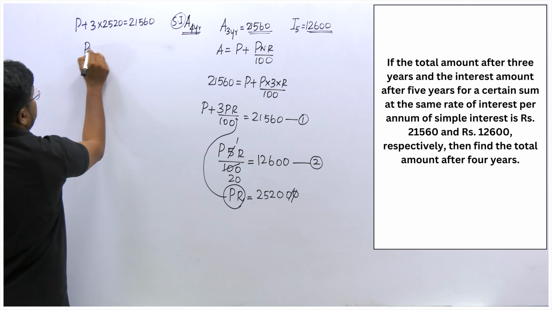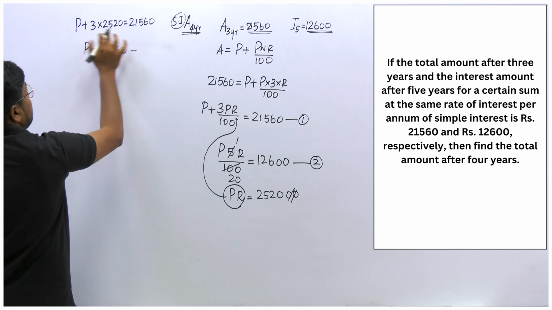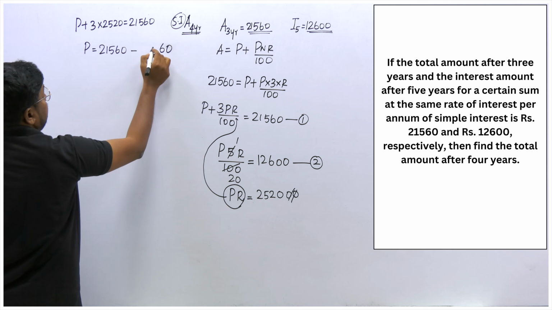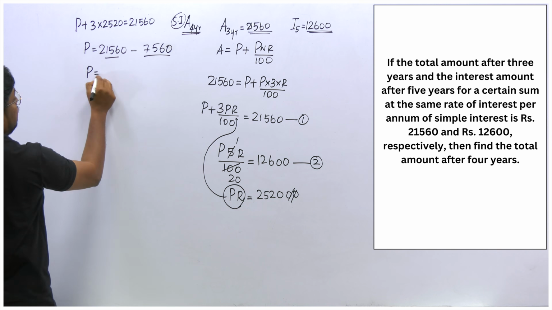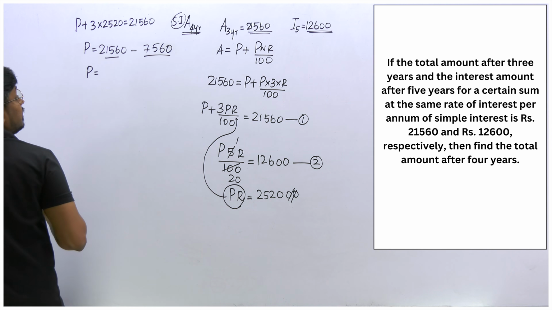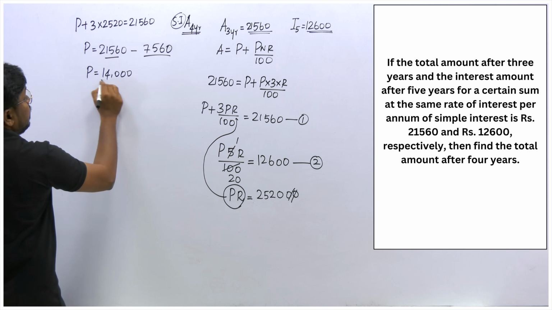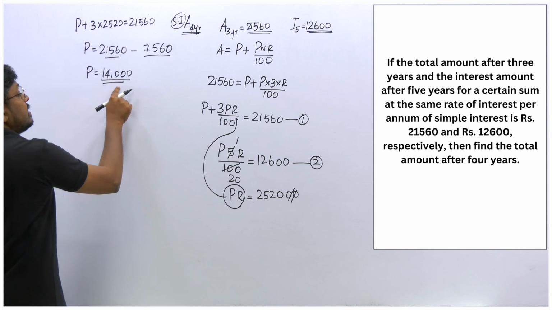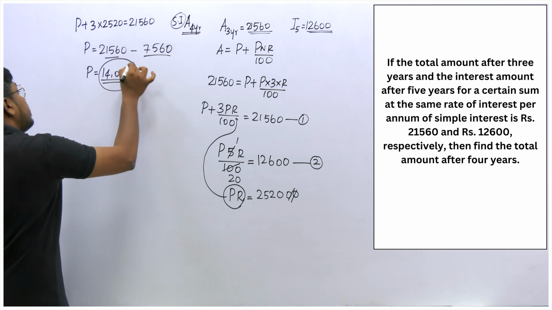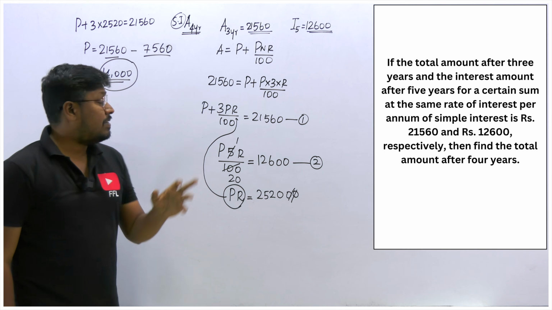So now the principal is equal to 21,560 minus 7,560, which will be 14,000. So this is the principal, which is 14,000.